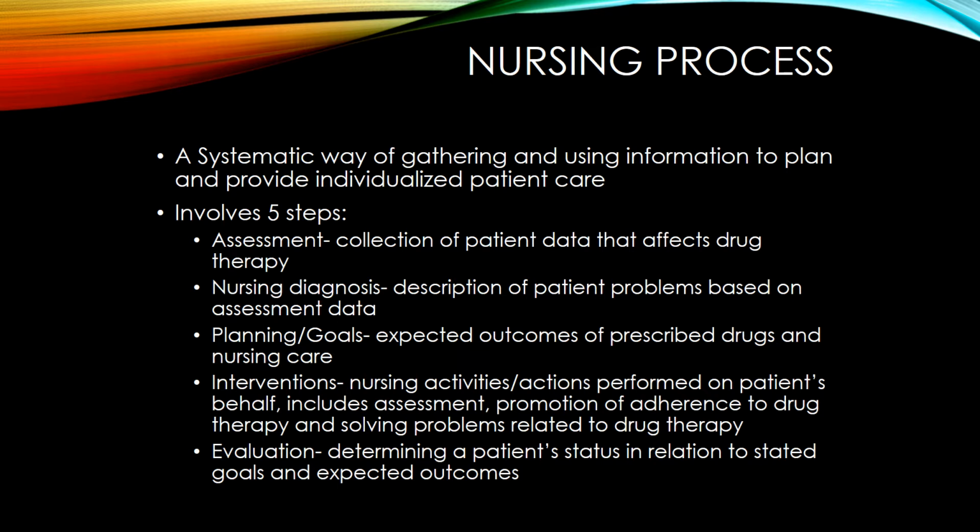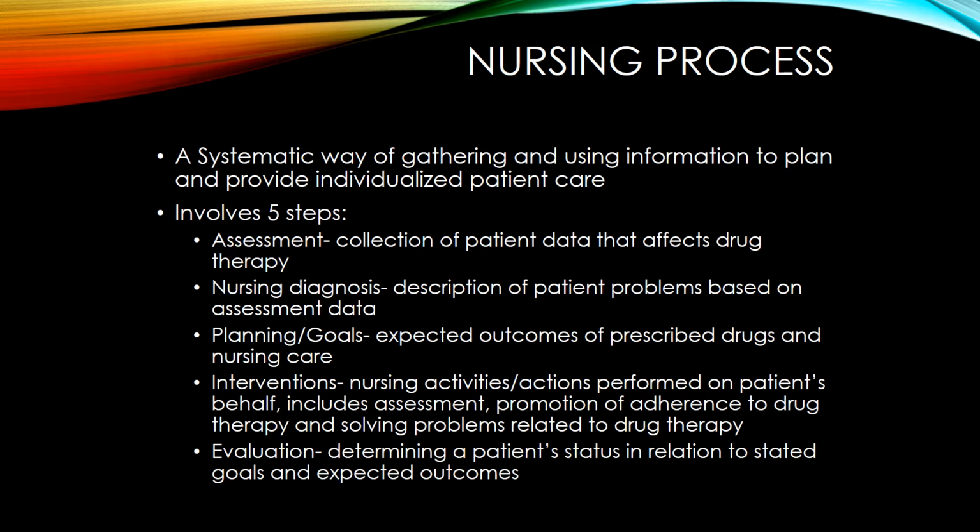It is a systematic way of gathering and using information to plan and provide individualized patient care. You definitely need to know that definition, okay? A systematic way means it has steps and a process that we go through.